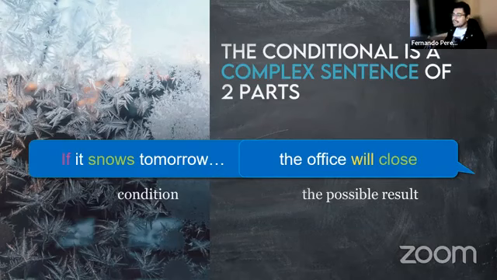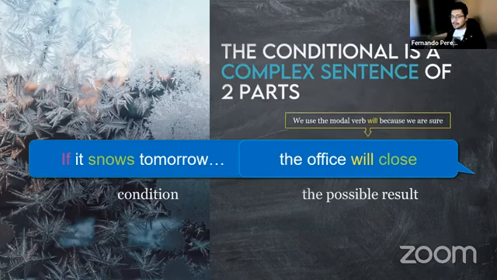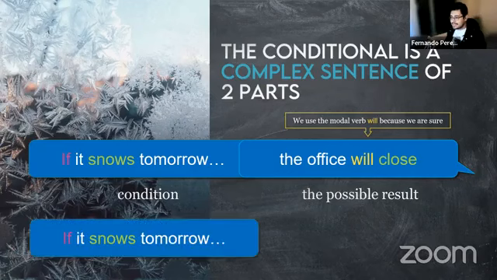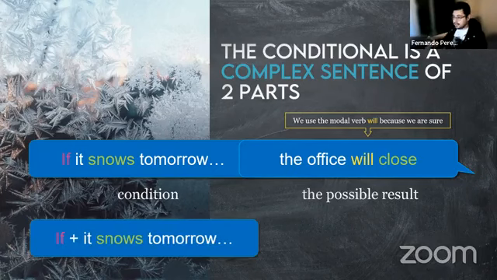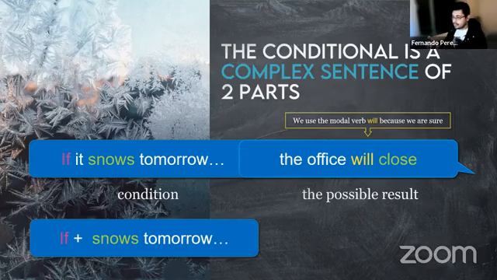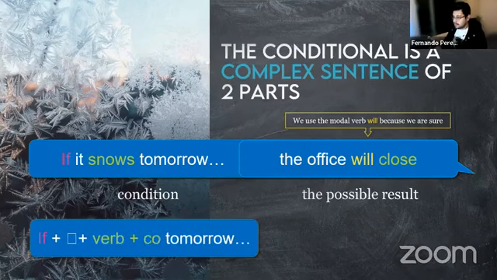If you analyze this structure, we are using, number one, the modal verb will, because we are sure about the possible result. But also, if it snows tomorrow is technically the connector if plus a person plus a verb plus a complement.